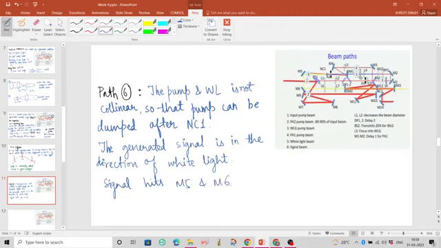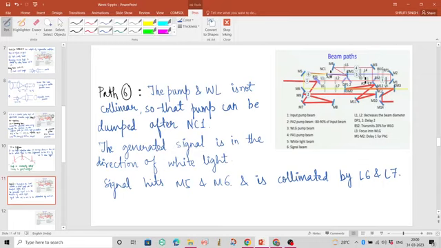And then again we have relay lenses L6 and L7 to collimate the signal, and it is collimated and then focused on a dichroic mirror, DM2. Now this DM2 is kind of a short pass filter. So it allows the smaller wavelength to travel through, but it reflects the larger wavelength.